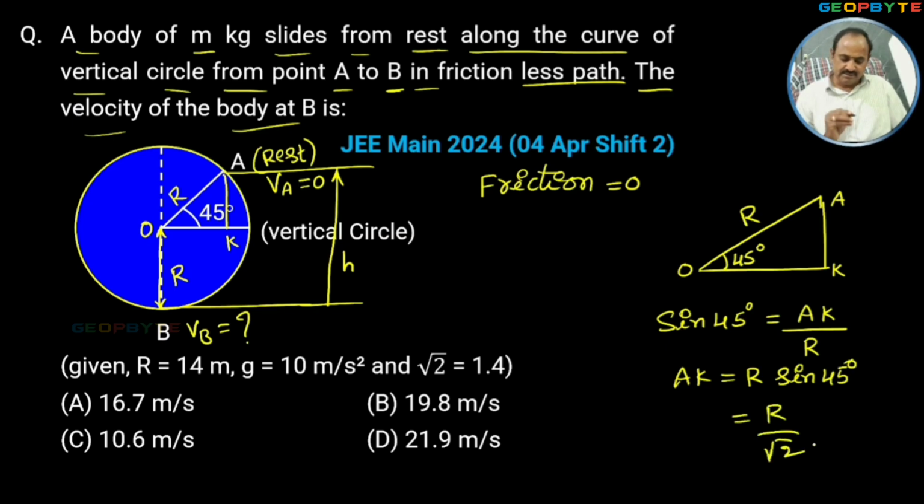So the AK distance is R by root 2. Therefore, this H equals R plus R by root 2.